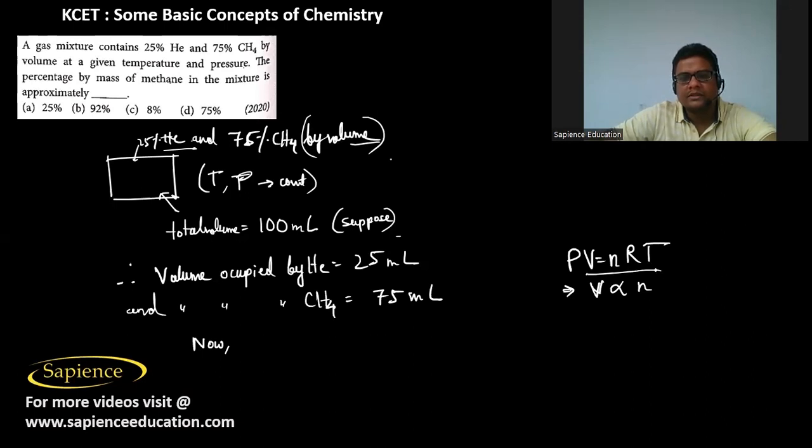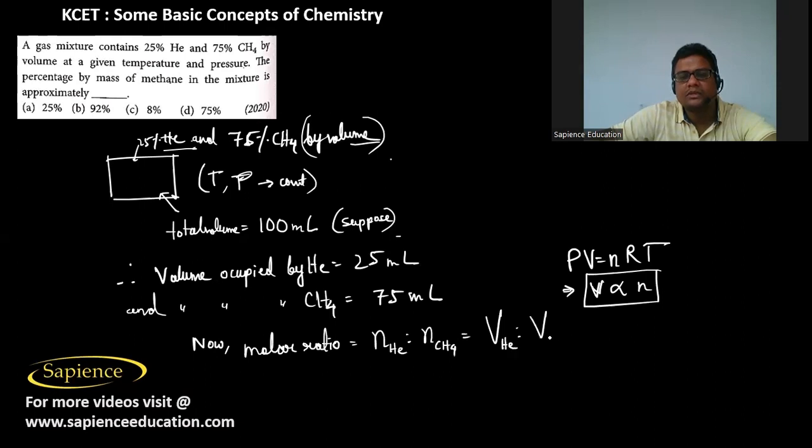It means the volume ratio is the same as the molar ratio. Therefore, the molar ratio, which means the number of moles of helium is to the number of moles of methane, will be equal to the volume occupied by helium is to the volume occupied by methane. So that will be equal to 25 is to 75. So that is equal to 1 is to 3.